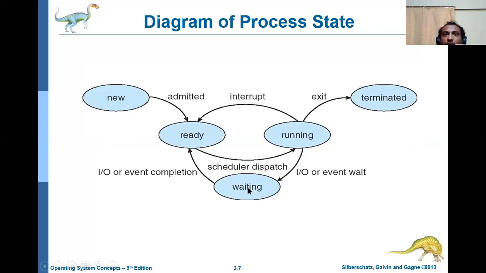It will complete that, and from there it will go to the ready queue. If it is interrupted or has to be stopped in between, it will again go back to the ready queue. Otherwise, if it is successfully executed, it will go to exit and be terminated. These are the various states that we have seen in the previous classes.